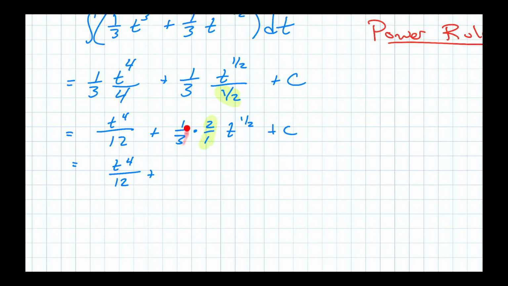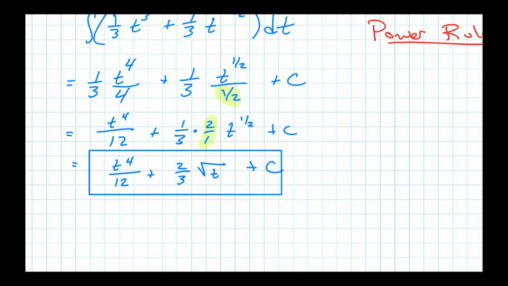So 1/3 times 2 over 1 is 2/3. And then t to the 1/2 is fine. If you want to, you don't have to, but if you want to, you can rewrite that as a square root. And that is what your answer would be.